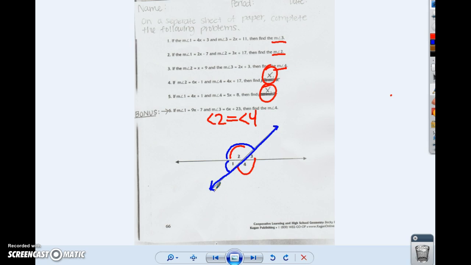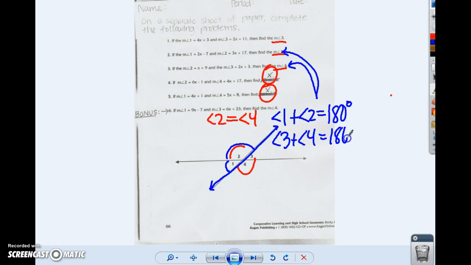Since they form a line, I know that angle 1 plus angle 2 is 180 degrees. You are probably going to have to use this on number 3. Also on number 2. You need to know that angle 1 plus angle 2 is 180 degrees. In the same way, angle 3 plus angle 4 is 180 degrees.